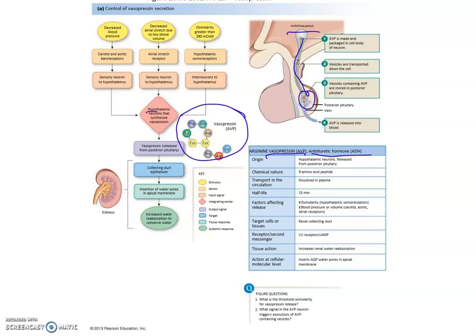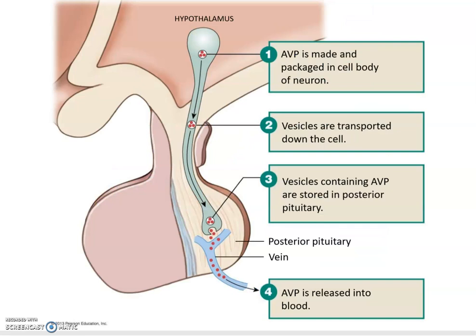Once the hypothalamus releases the ADH, it will cause the collecting ducts in the kidney tubules to insert water channels, and that reabsorbs massive amounts of water. So the antidiuretic hormone is made in the hypothalamus, and the extension of the hypothalamus is the posterior pituitary, where it is stored, and it will be released if you have high blood osmolarity and you're dehydrated.